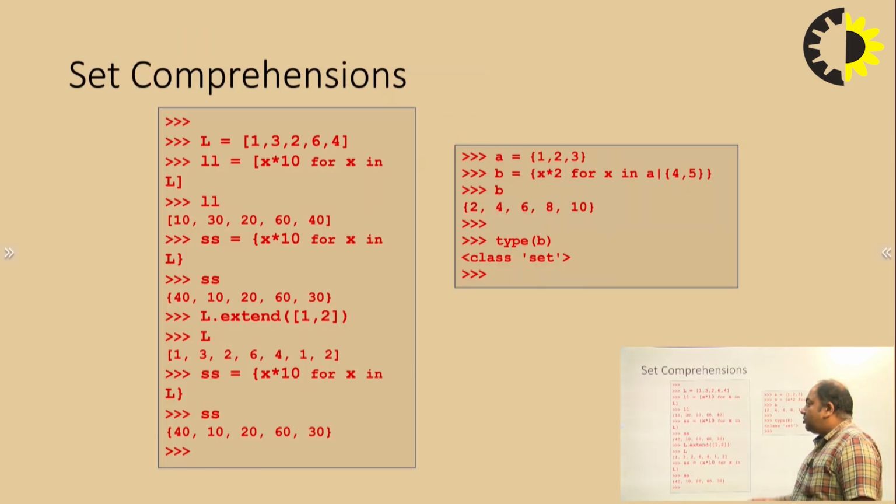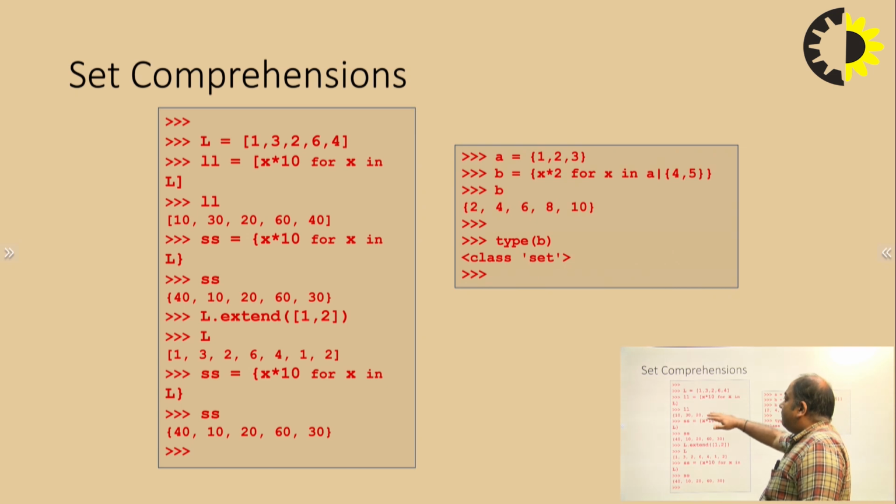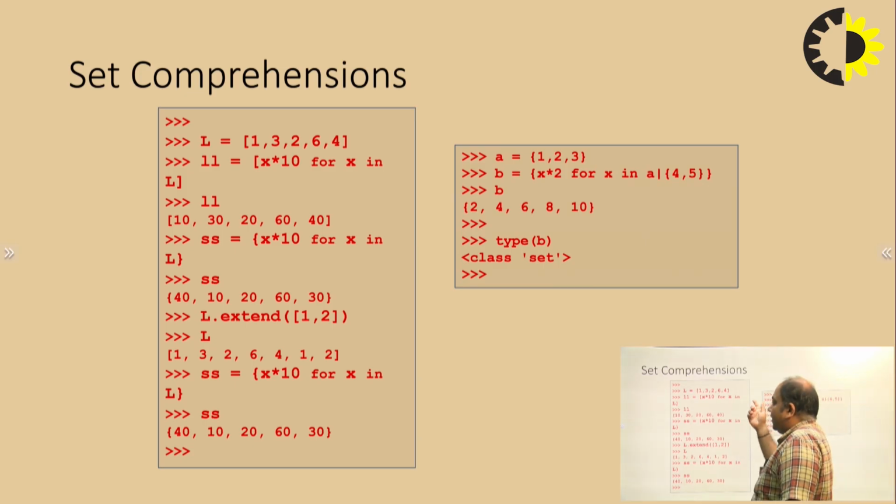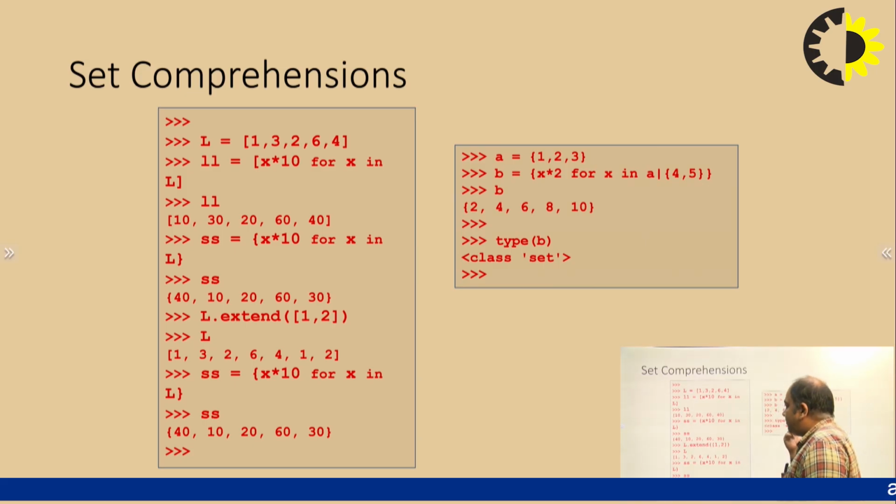This is the set comprehension. When we use a set comprehension, we define the elements and the operation inside the set, like if we want to multiply these numbers by 10 and show them in the form of a set. So we define the elements and then display them in the form of a comprehension.